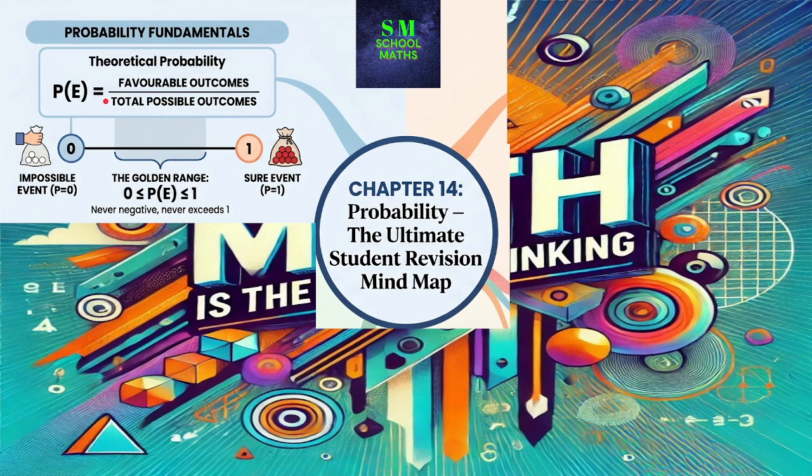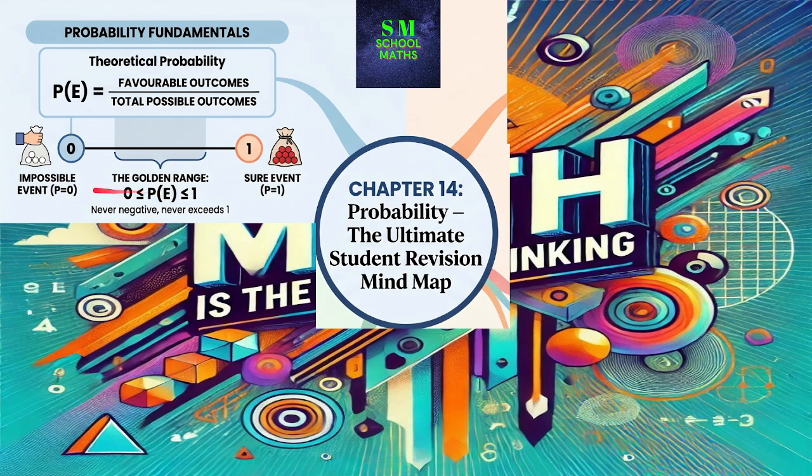But here is where students make their first mistake on the exam, the final answer. Look at the golden range. Your final answer must always be between 0 and 1. It can be a fraction, a decimal, or a percentage, but it can never be negative and it can never be greater than 1.